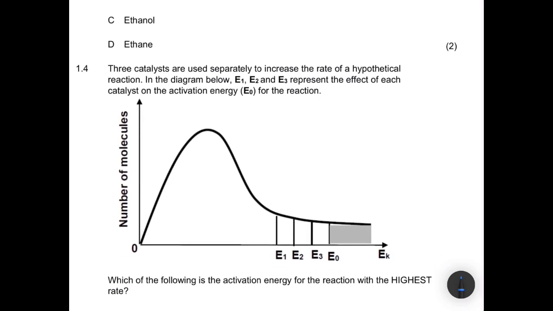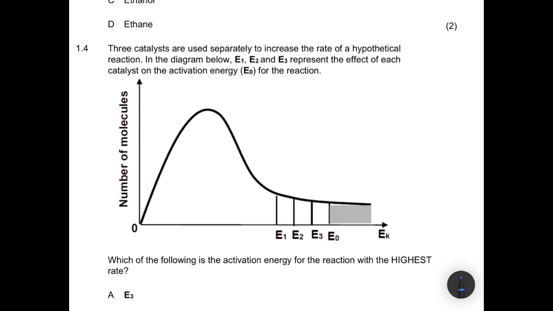Right, now let's do 1.4. 1.4 is saying 3 catalysts are used separately to increase the rate of a hypothetical reaction. In the diagram below, E1, E2, and E3 represent the effect of each catalyst on the activation energy.